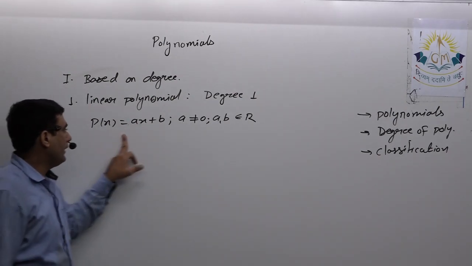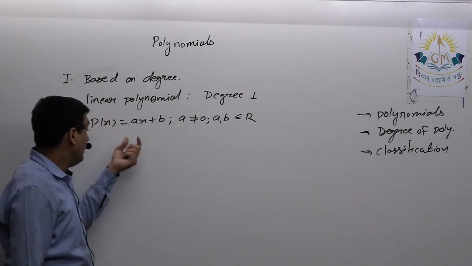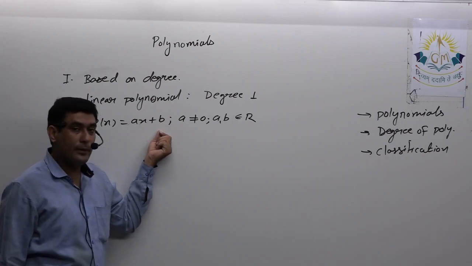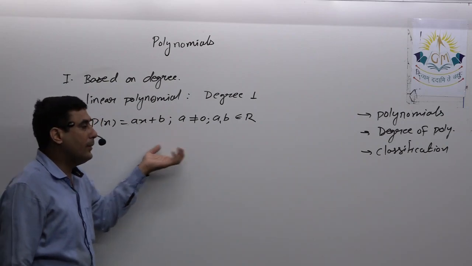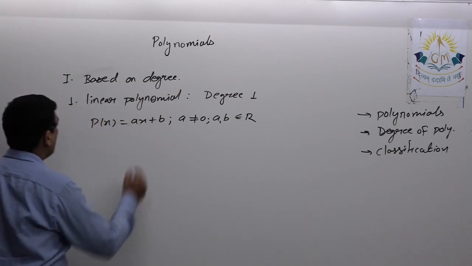This is the standard form of the linear polynomial. That means there must be a term containing the variable x, and in a standard form we'll say there should be a constant term.